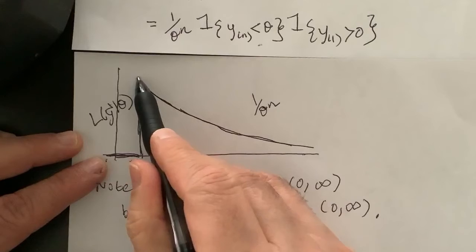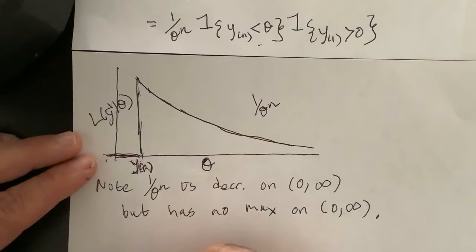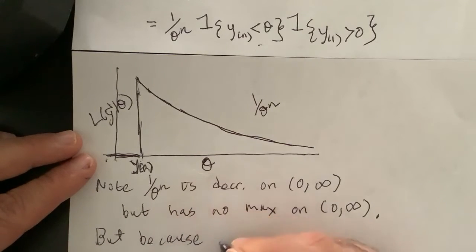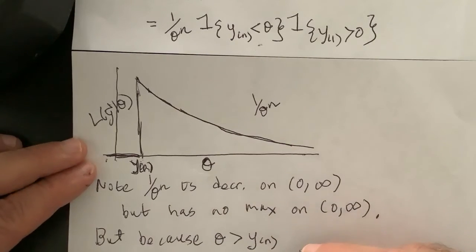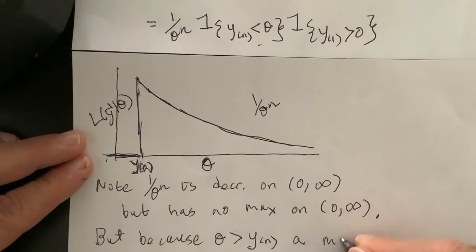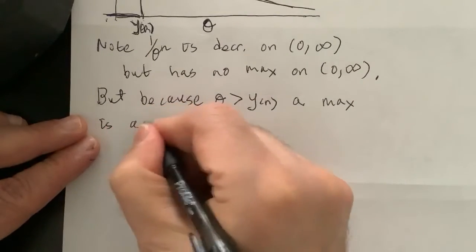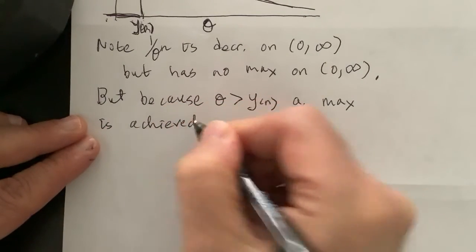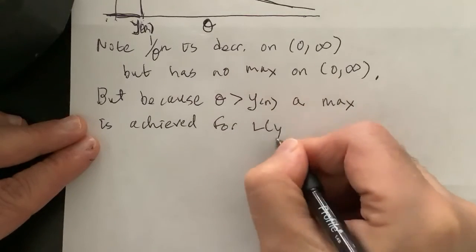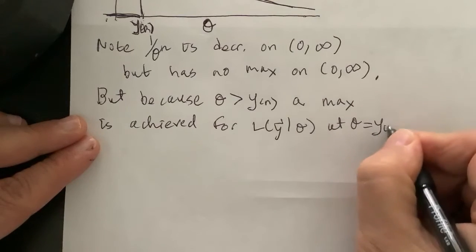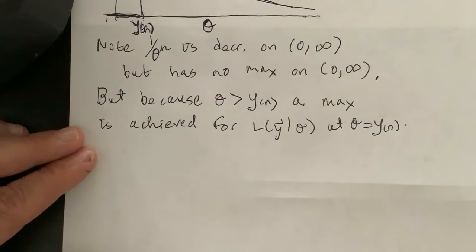Its maximum value is attained here. So we're saved, because theta must be greater than yn, a maximum is achieved for the likelihood at theta equals yn.